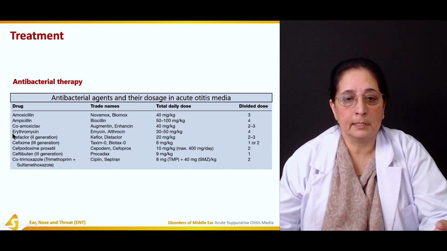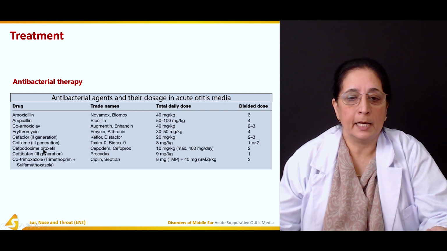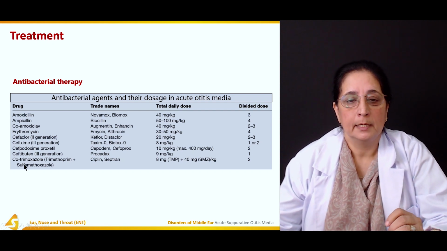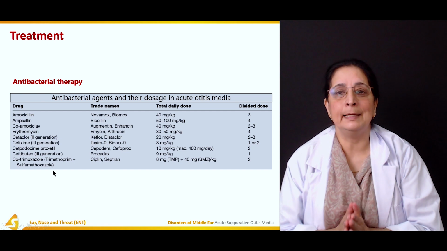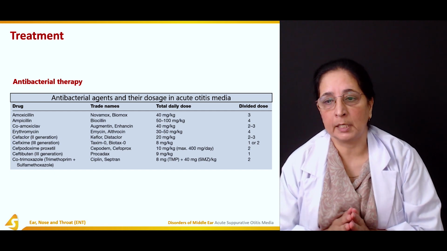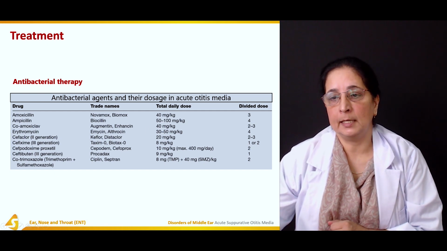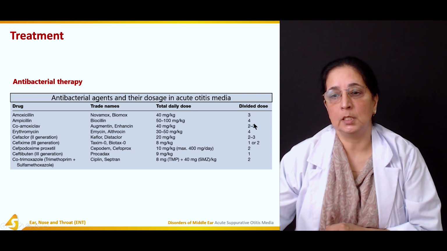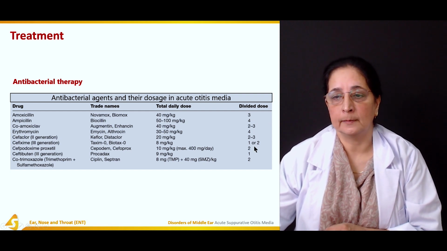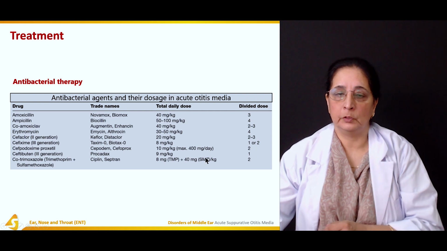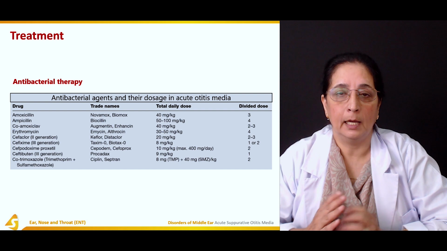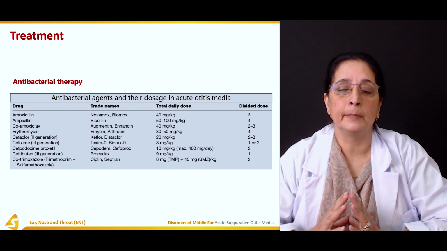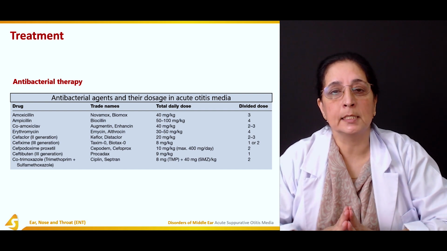So cefixime, then we have cefpodoxime, ceftibuten, cotrimoxazole, or Septran. So all these are commonly used antibiotics, depending, some in 3 divided doses, 4 divided doses, 1 and 2. So all these are the common antibiotics used for the treatment of acute suppurative otitis media.